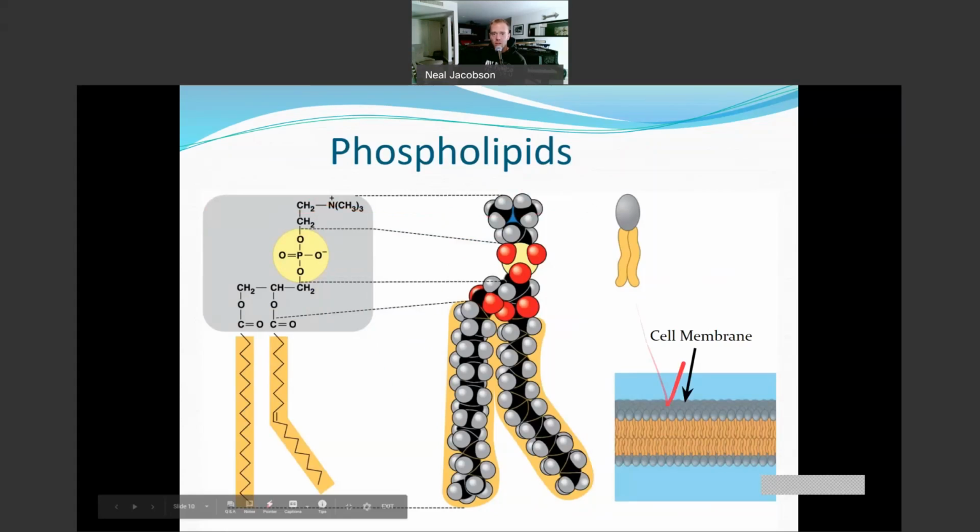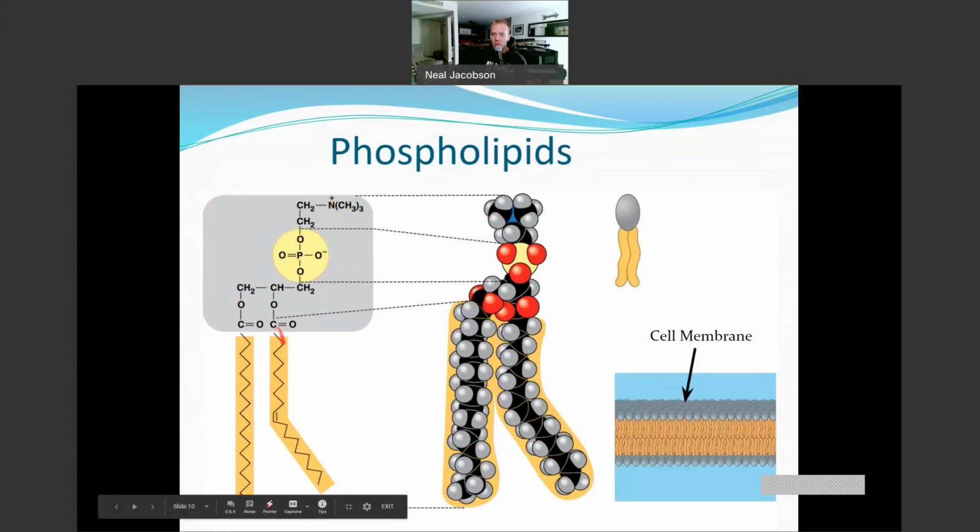Phosphates. So this is a phospholipid, and it's just one half of a cell membrane. A cell membrane is a phospholipid bilayer. So it's got two sets of phospholipids, and they face each other. Because remember, like dissolves like, and so these hydrocarbon tails are completely nonpolar. It's a fat, right? It's a fatty acid, so it's not going to dissolve in water.